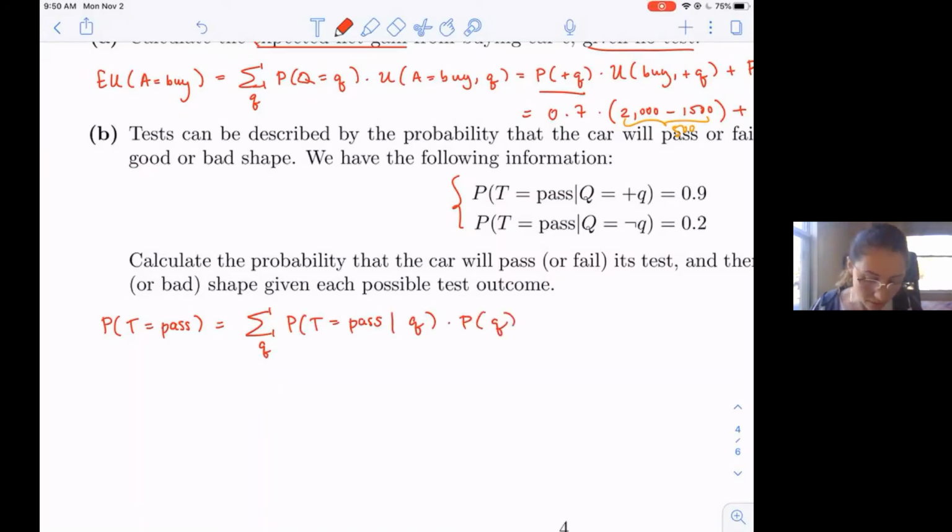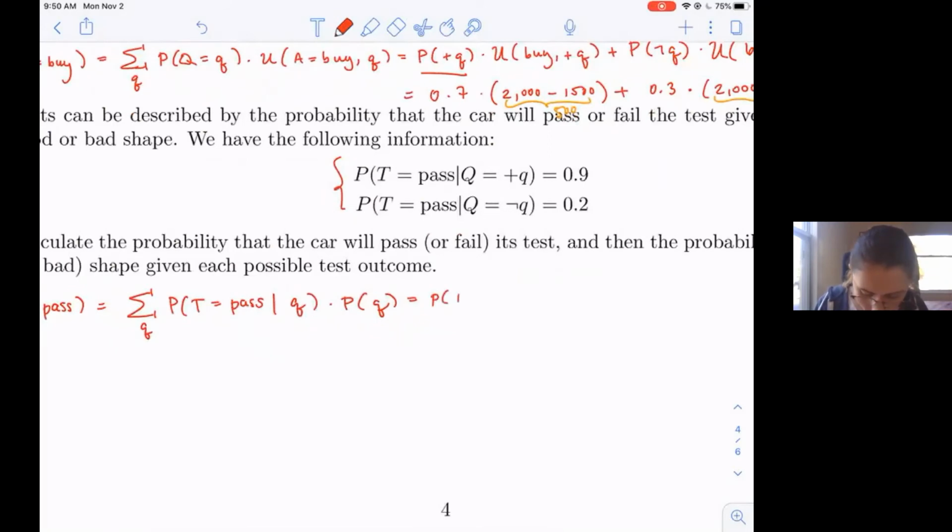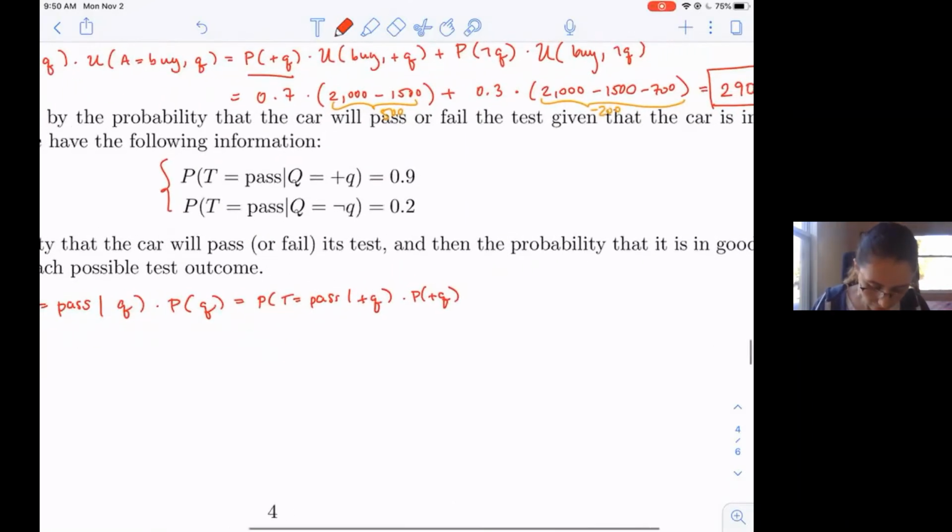And we have all of these quantities already. So this is just going to equal P of T equals pass given plus Q times P of plus Q, plus P of T equals pass given not Q times P of not Q.